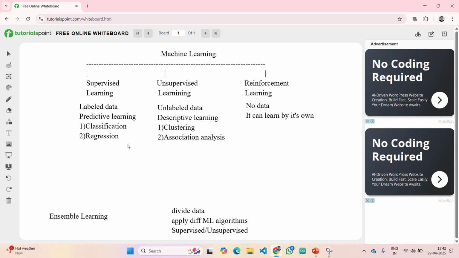Next, coming to unsupervised learning, there are two concepts: one is clustering and one more is association analysis. Clustering is nothing but grouping of similar data objects. For example, in a group of people, there are Americans, Indians, and Africans. Now you are going to form clusters.